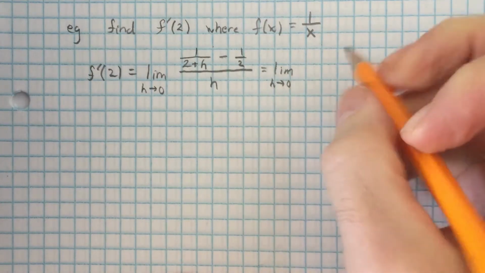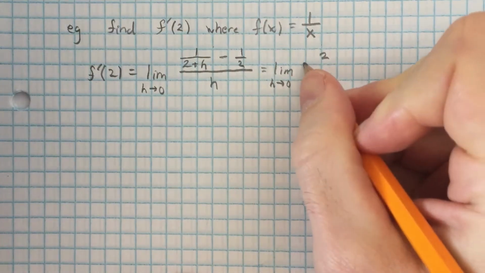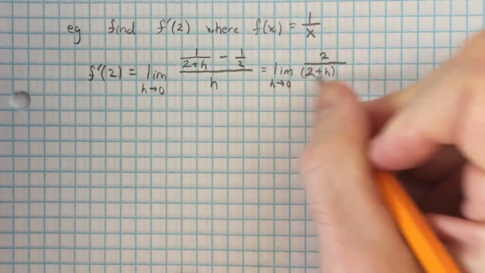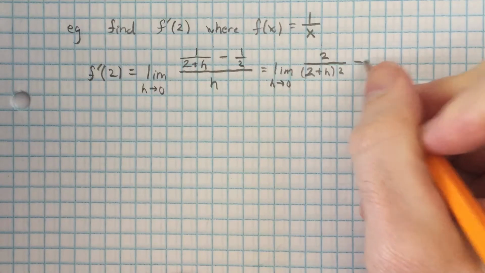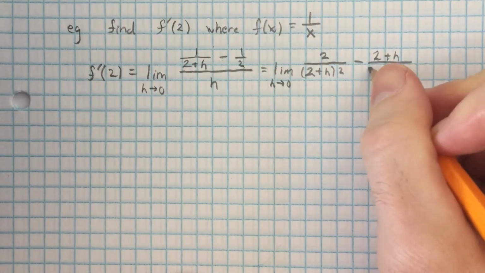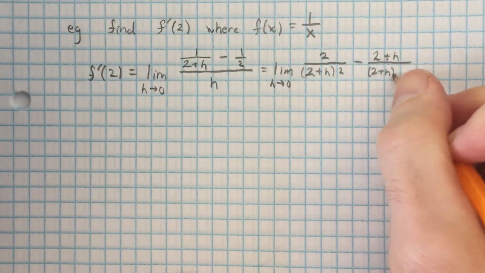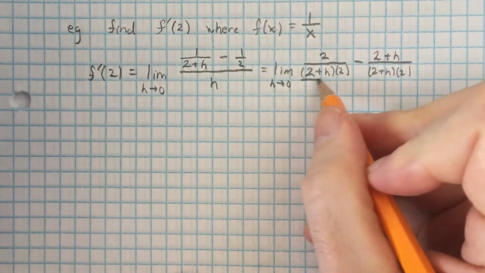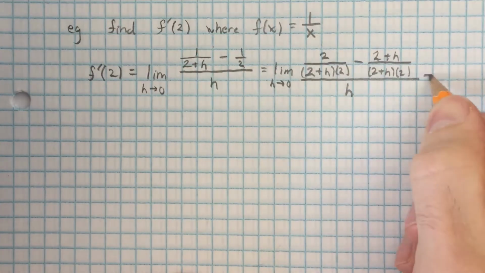As h approaches 0, we'll get 2 over 2 plus h times 2, minus 2 plus h over 2 plus h times 2, giving them the same denominator, all over h.